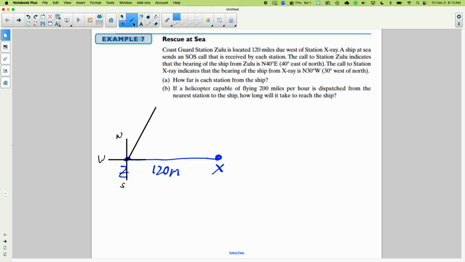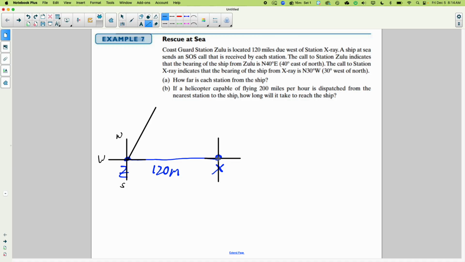And then the second part says from station X-ray, the bearing or direction of the ship from X-ray is north 30 degrees west, which means I'm going to start a new north, south, east, west coordinate with X-ray being the origin.